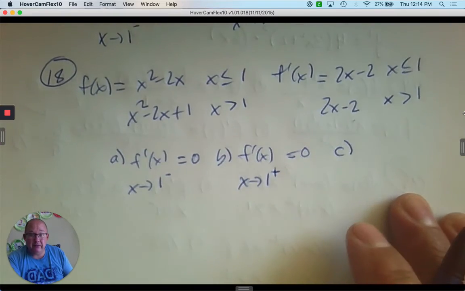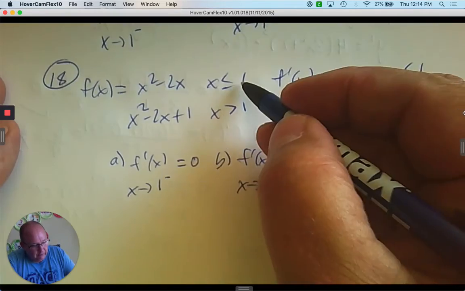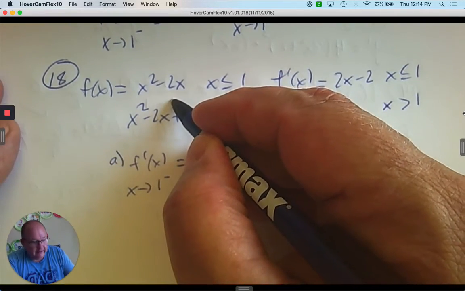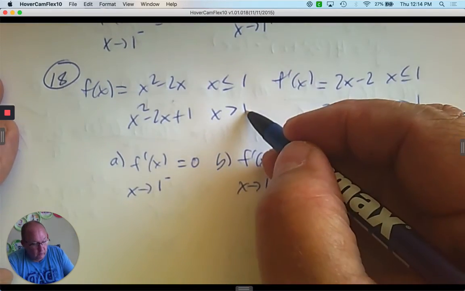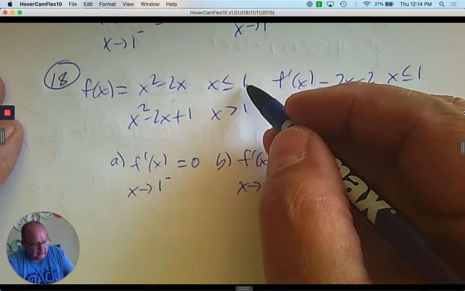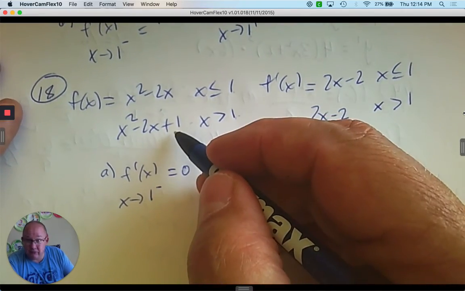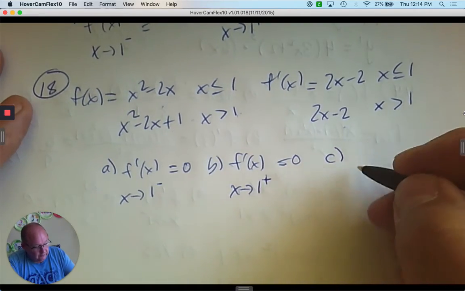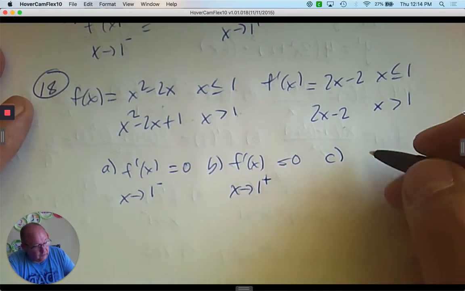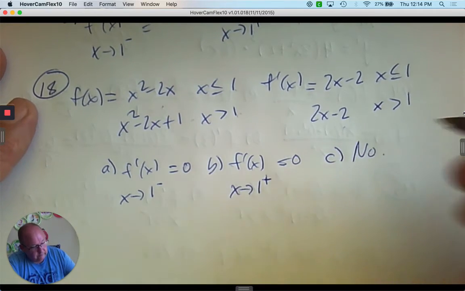Now the last piece has to do with continuity. If I plug 1 into the top piece, I get 0. 1 into the bottom piece, I get positive 1. They don't match. So, does the derivative exist? No.